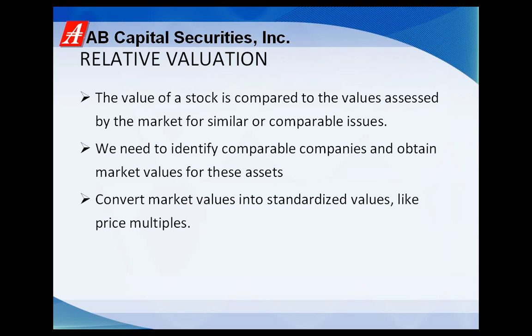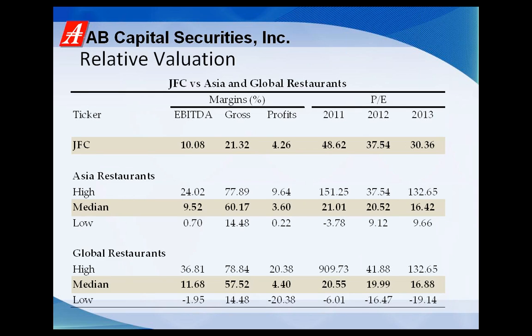An example would be the price to earnings ratio or the price to book value ratio. Now, to know whether a stock is cheap or not, in terms of their PE, one way to determine is to compare it with its comparables. And another way is, of course, to look at its historical PE, whether it's trading above or below its historical average.